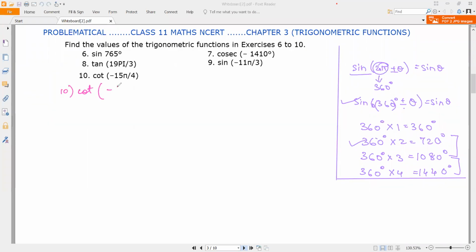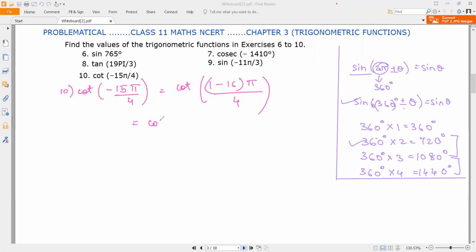Next, cot of minus 15 pi by 4. Again, minus 15 can be written as 1 minus 16, and 16 is a multiple of 4. All you need is one value, 1 minus 16 pi upon 4. Out of the two numbers whose addition or subtraction you're taking, one number should be a multiple of the denominator. That is what you require. And the other number should be smaller than this denominator.